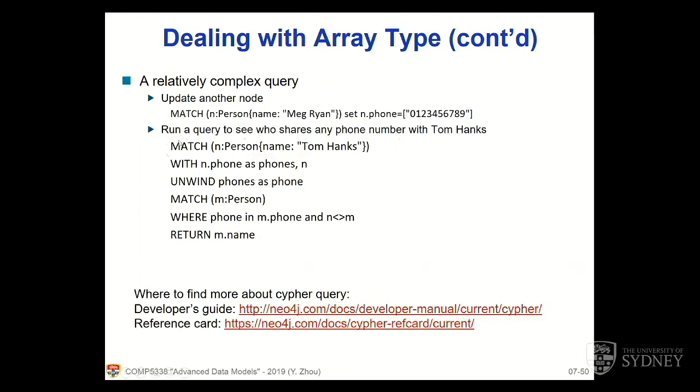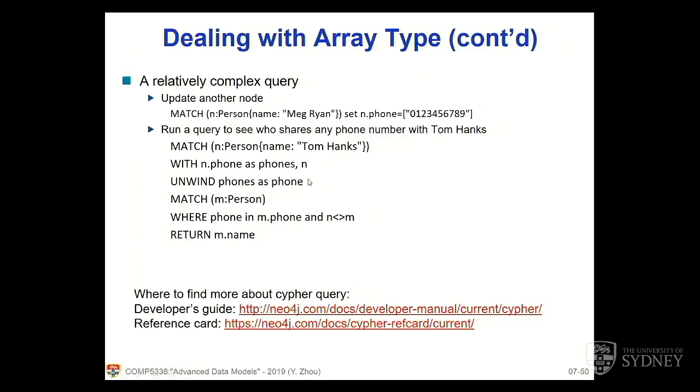So first we find Tom Hanks and his phone numbers. Now we bring down both the Tom Hanks phone numbers as phones and also n itself, because we want to use it to make sure we're not finding Tom Hanks himself, since he will definitely have the same phone number.